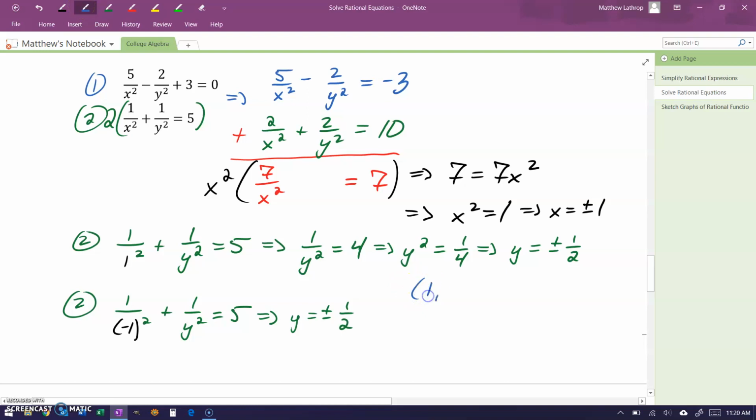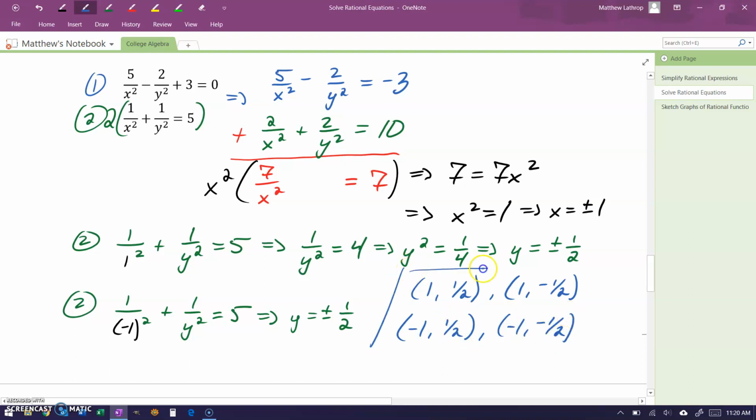The first being the coordinate pair 1, 1/2, and then also 1, negative 1/2. Then when we plugged in negative 1, we were also able to get two different values for y, positive 1/2 and negative 1/2. So 4 different coordinate pairs that represent those xy solutions to our given system.